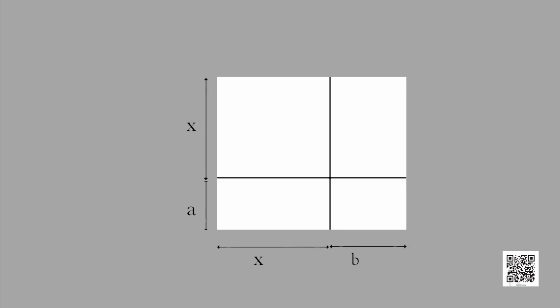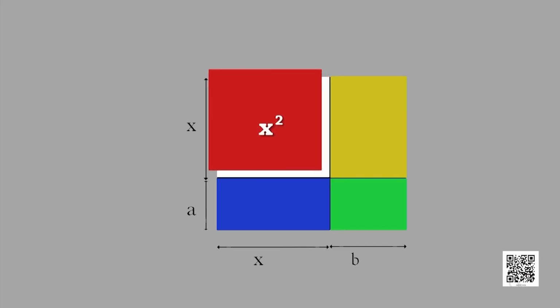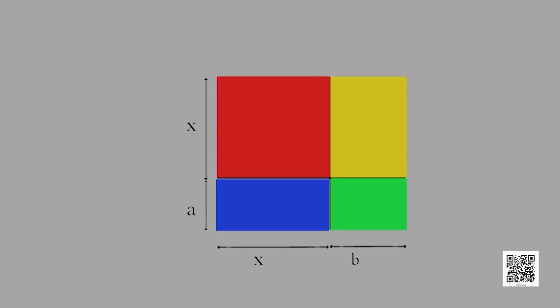Now, the area of this rectangle is (x + a) into (x + b). After cutting, we get a square whose area is x square, a rectangle whose area is x into a, another rectangle whose area is x into b, and one more rectangle whose area is a into b.